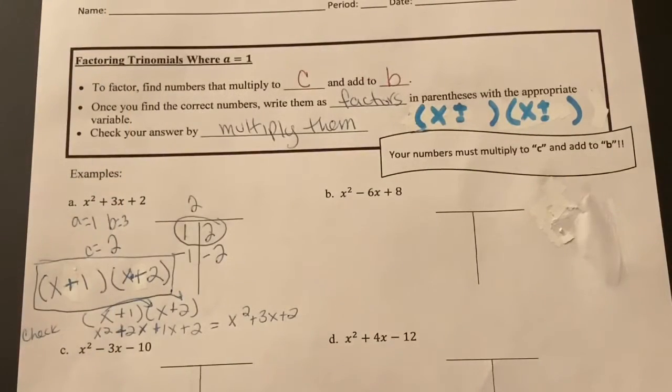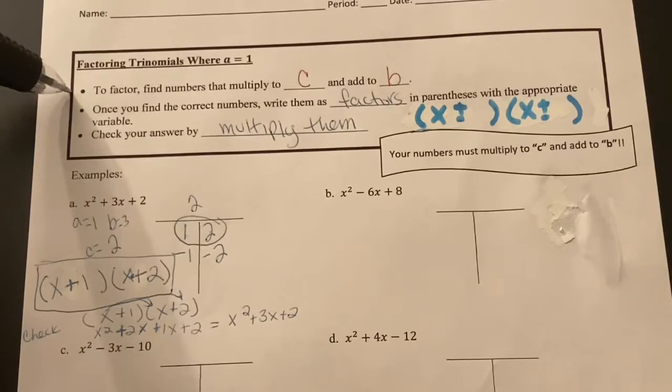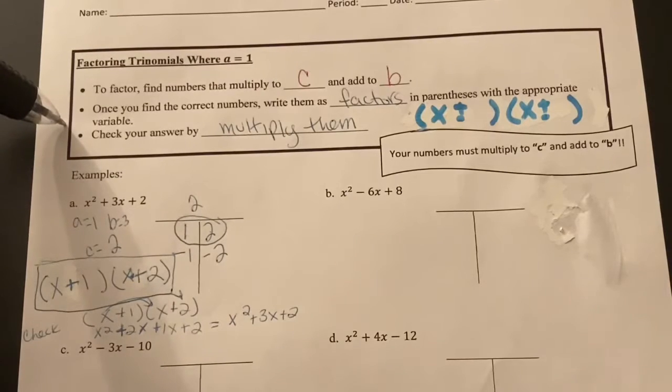Okay, so we just learned that in order to factor a trinomial where a is equal to 1, the first thing you need to do is find the factors that multiply to C and also add to make B. That's the first step. The second step, once you find those correct numbers, write them out as factors in parentheses with the appropriate variable.